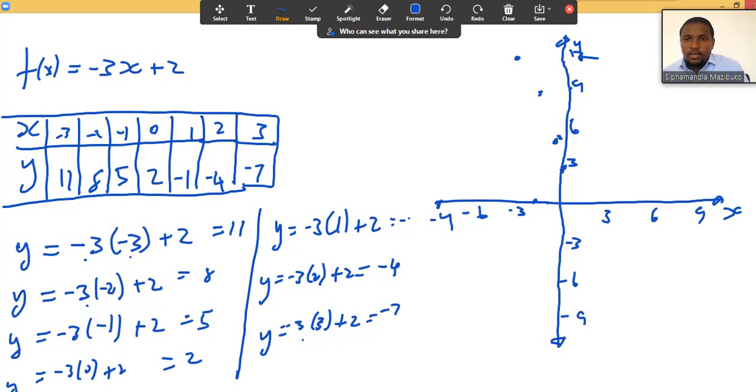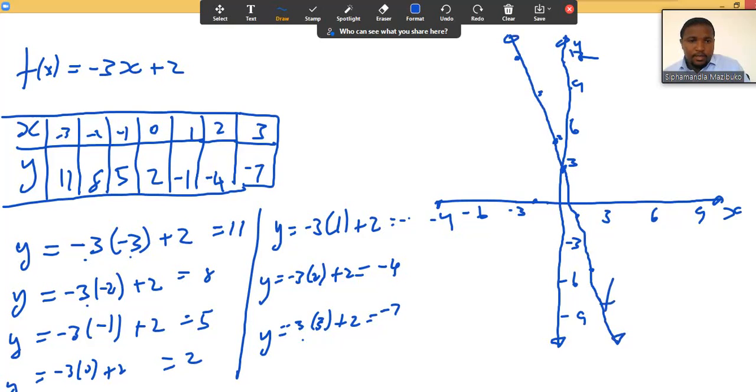Let's say 0 is to 2. We have 1 is to minus 1, 2 is to minus 4, and 3 is to minus 7, which can be here. So you can see that our graph should be something like that. Okay, so that can be our graph.